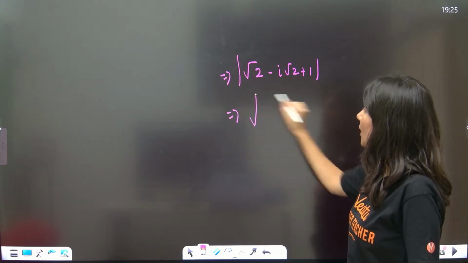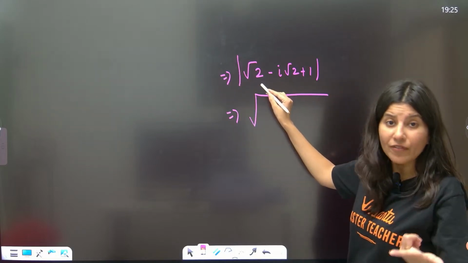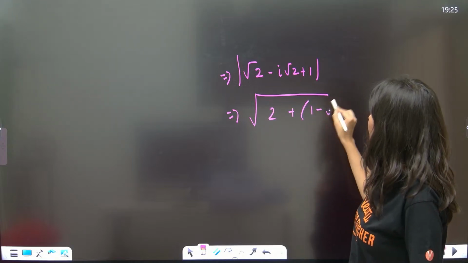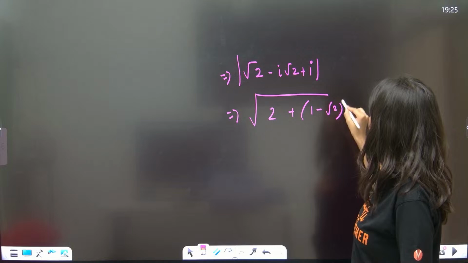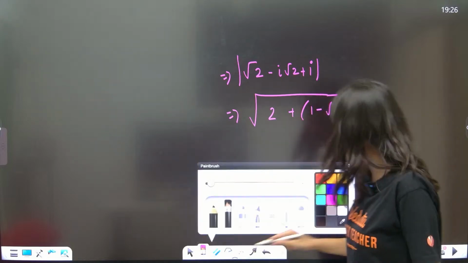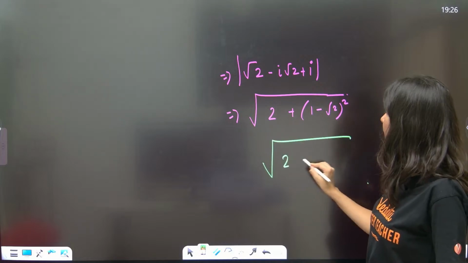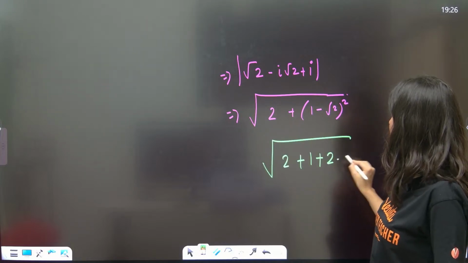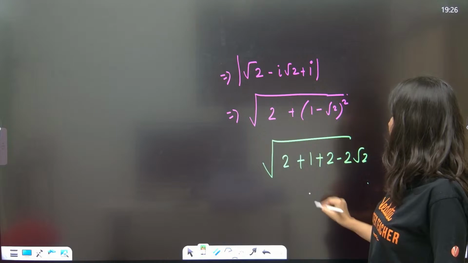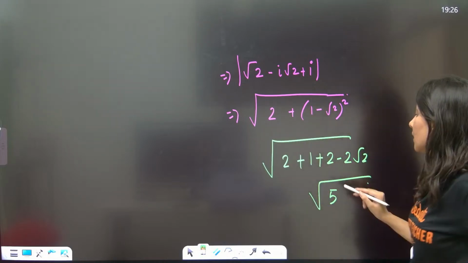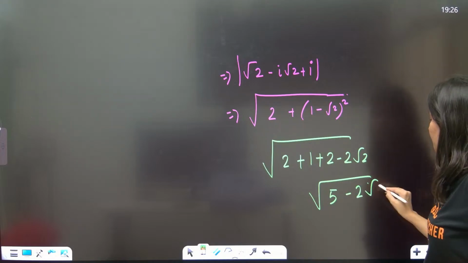So this is the square of the real quantity, 2 plus 1 minus root 2, this is iota, 1 minus root 2 square. This is your modulus. Square root of 2 plus 1 plus 2 minus 2 root 2, square root of 5 minus 2 root 2.